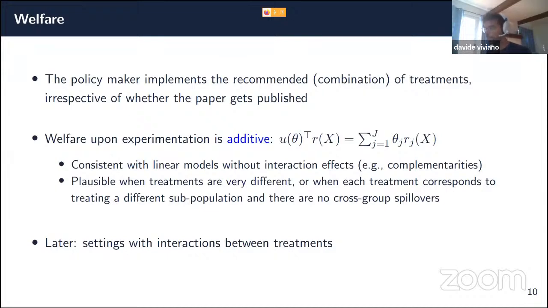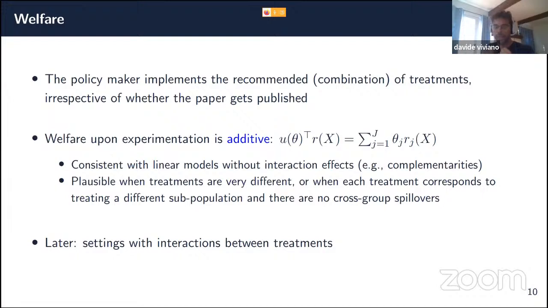So Davide, you need that first assumption because this helps align the policymaker's incentives so that the policymaker specifies the optimal testing. Right. This assumption is useful because in this way, the policymaker will always implement what the researcher recommends, no matter what. Once the researcher decides to run an experiment, the policymaker will always act as an active decision maker and will not distinguish papers if they get published or not.